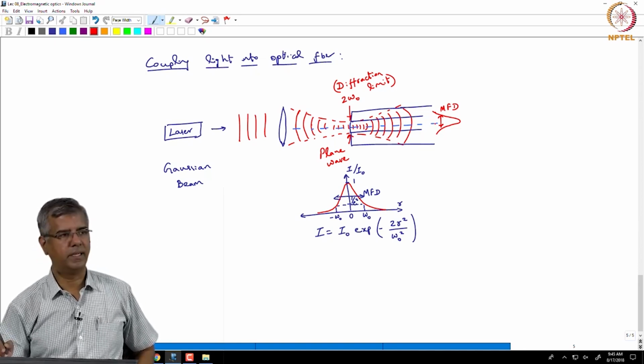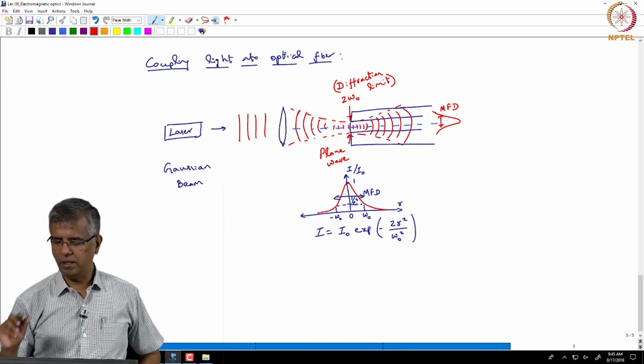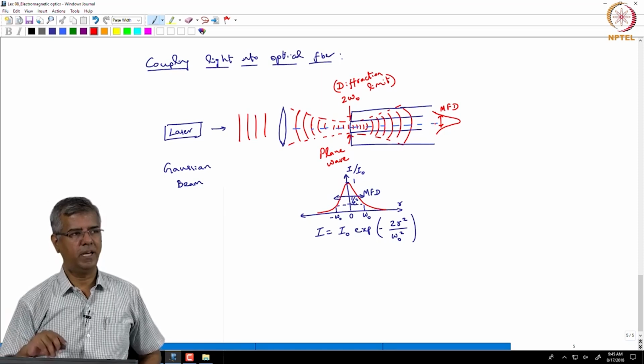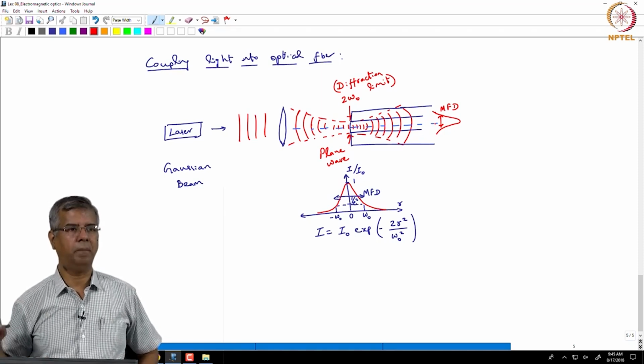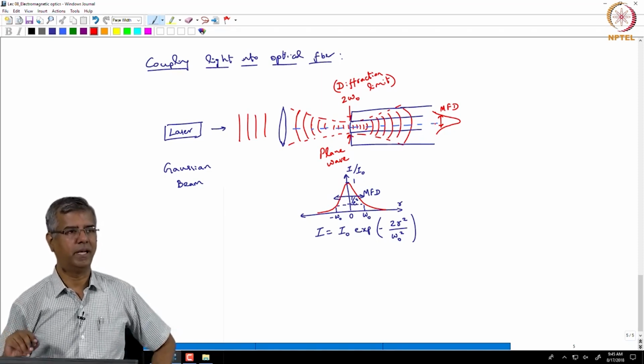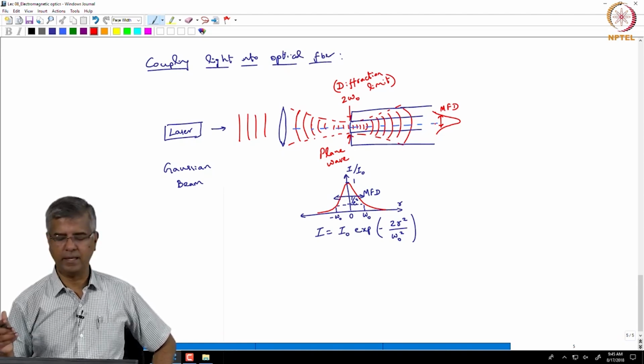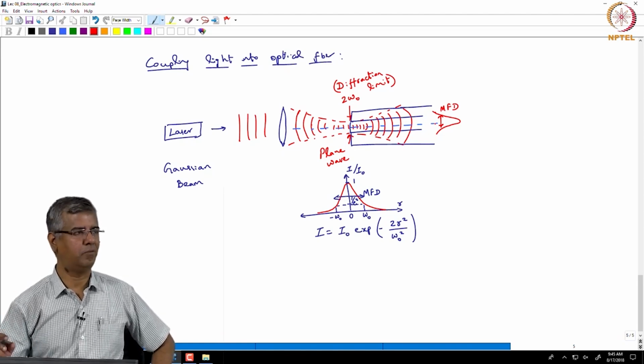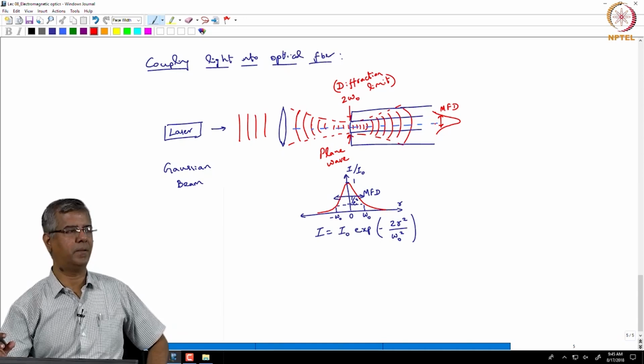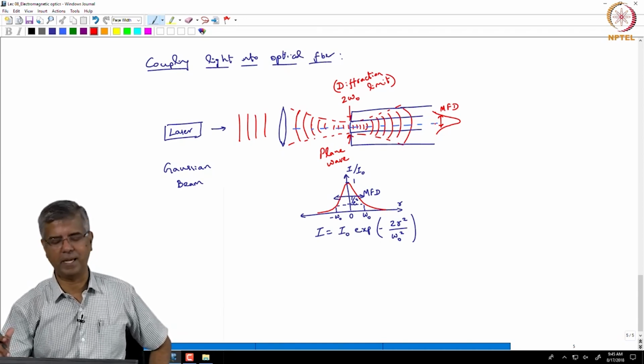Okay, do you understand that? So the optical fiber will have a certain mode shape for its fundamental mode, and that mode shape is roughly a Gaussian shape, and so that Gaussian is going to have a characteristic diameter, which we call the mode field diameter.